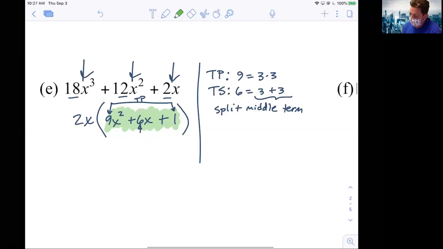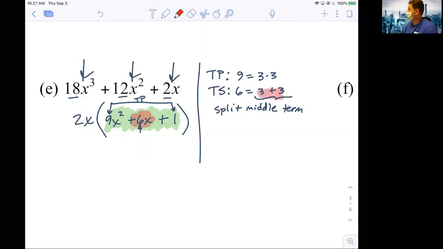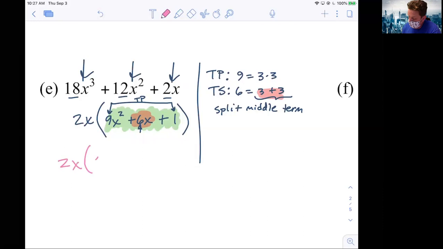We're going to take the 6 that's right here, the 6x, and we're going to rewrite it as 3x plus 3x, okay? So the only thing you have to be really diligent about here is the grouping symbols, okay? 9x squared plus 3x plus 3x plus the 1, close it. So just double check. Is it still equivalent to the line above it? What's 3x plus 3x? 6x. It looks good.